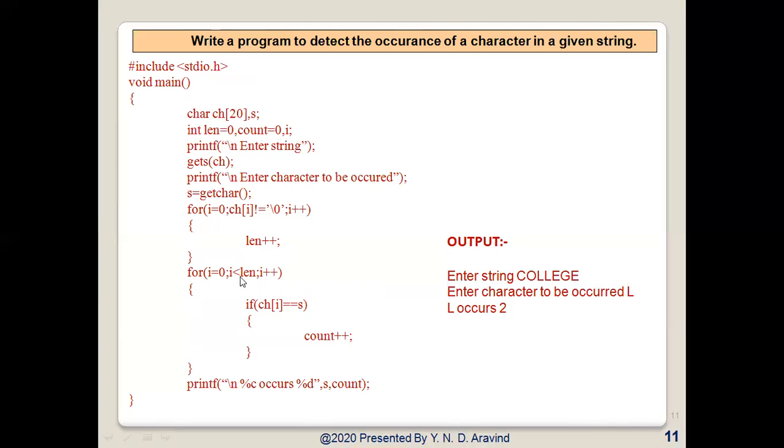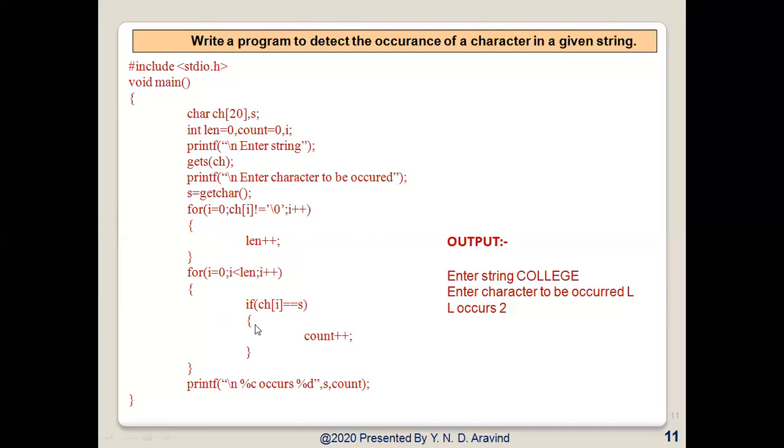For i = 0, i less than 7, i++. If ch[i] is equal to s. So what is s? s is equal to getchar. So here, enter the character to be searched. I have entered L. Now I am counting how many times this L is there in this particular college. How many times is it there? It is there 2 times.